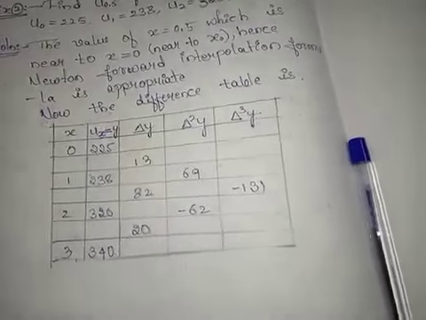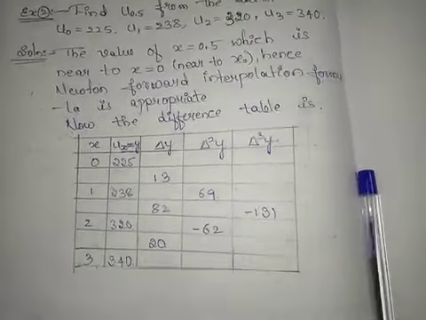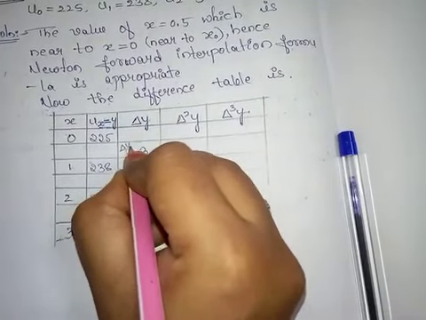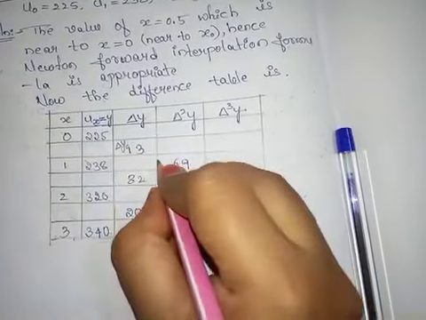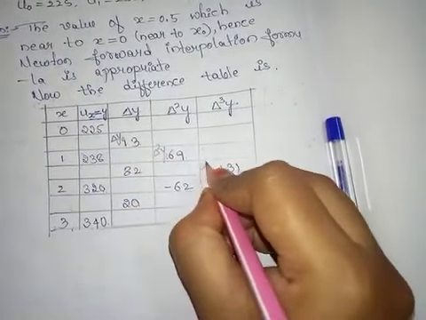Here also we are using the forward interpolation formula, so we must know the values of delta y naught, delta square y naught, delta cube y naught.